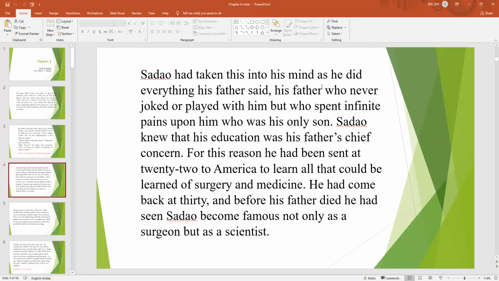He saw Sudhir become famous not only as a surgeon but also as a scientist. His father wished that he should become a famous doctor, but he became not only a famous surgeon but also a famous scientist. His father had a dream, so he has now fulfilled his father's dream.